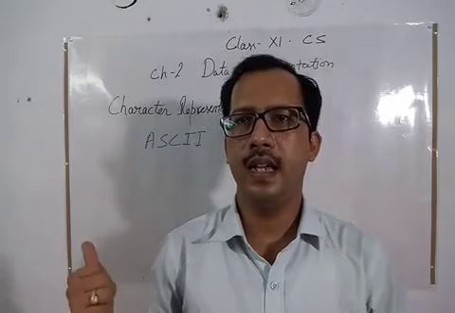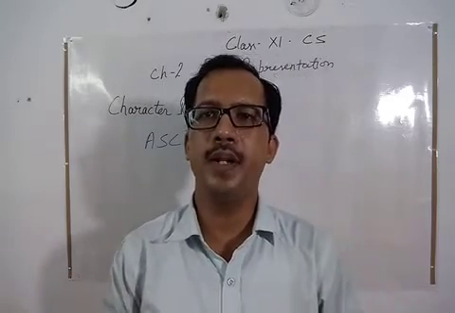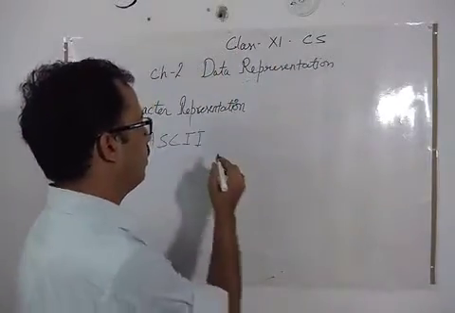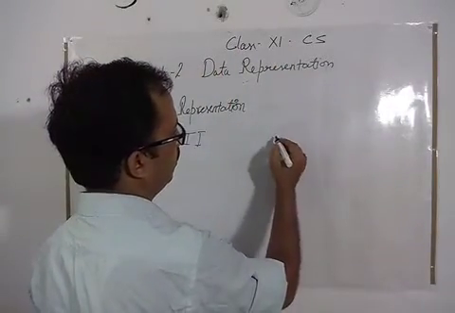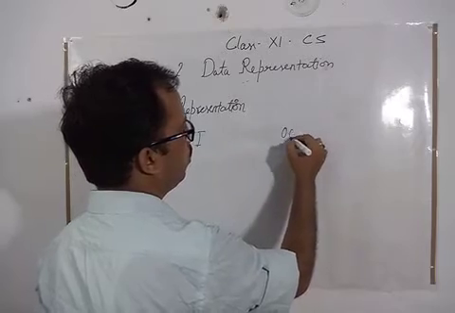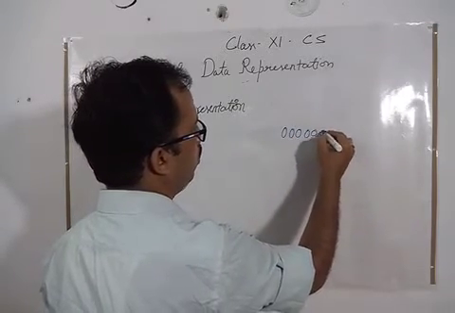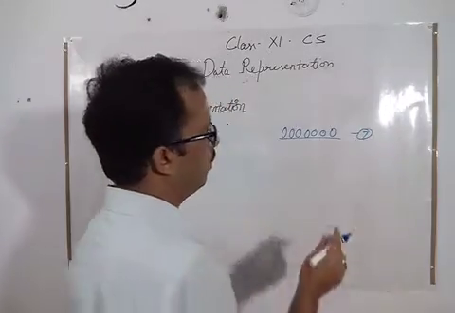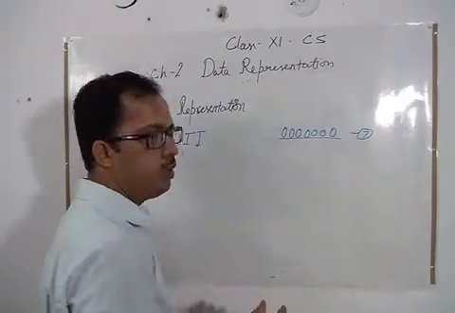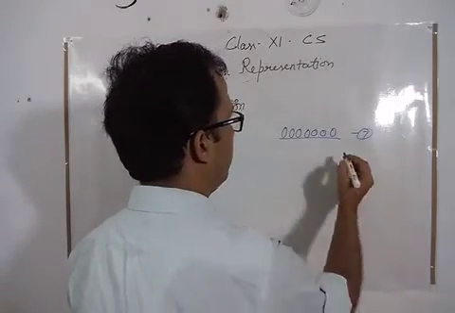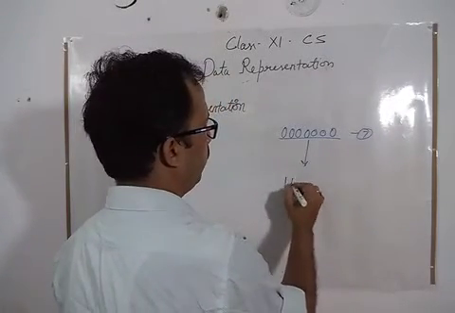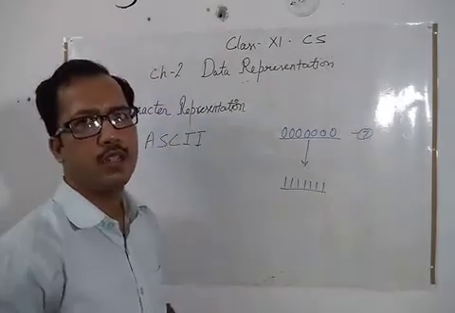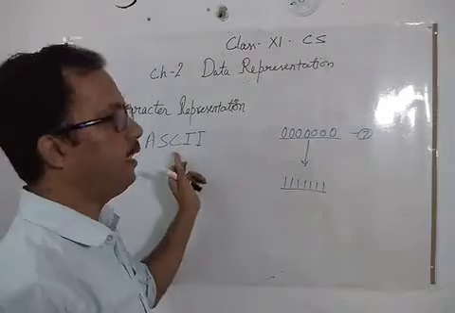ASCII is a 7-bit code system. 7-bit code system means it can have possible values from 0000000, seven zeros, to seven ones, 1111111. This is the smallest code and this is the largest code that can be represented in ASCII.